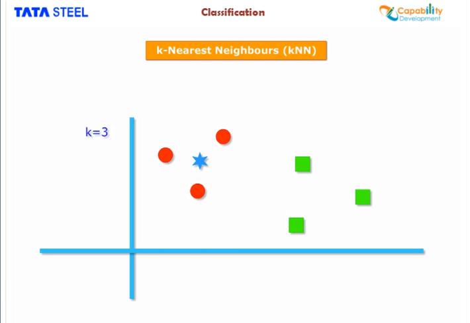If you take K equal to 3, you will need to make a circle with BS in the center. The circle should be big enough to enclose only 3 data points on the plane. Here, all the 3 closest points to BS are RC. Hence, you may safely conclude that the BS should belong to the class RC. Here, the choice became very obvious as all 3 votes from the closest neighbors came from the same class RC.